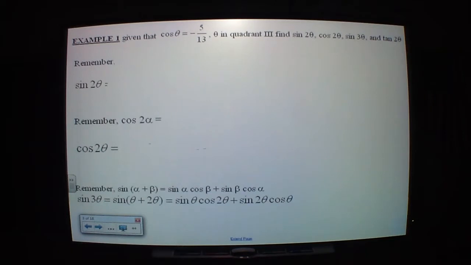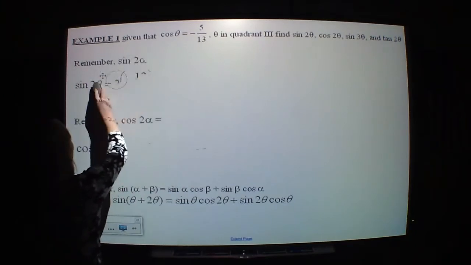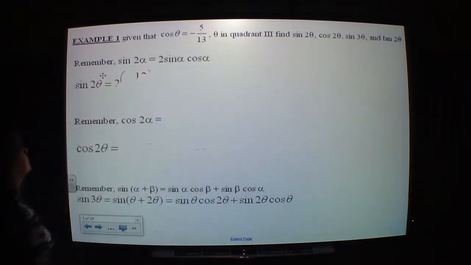Given that cosine of alpha is equal to negative 5 over 13, and I'm in the first or third quadrant, I want to find the sine of 2x, cosine of 2x, sine of 3x, and tangent of 2x. Remember your formulas right there. So the sine of 2 alpha is equal to 2 sine of alpha, cosine of alpha.